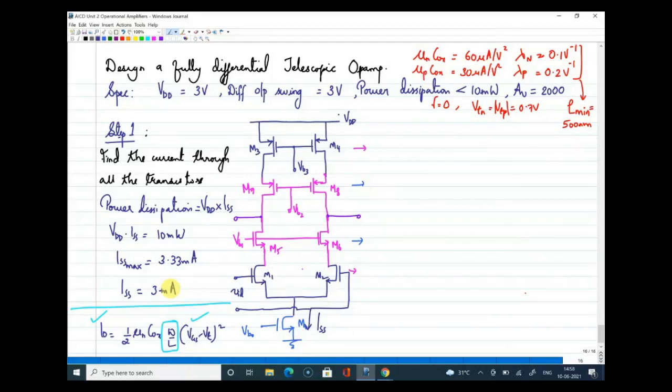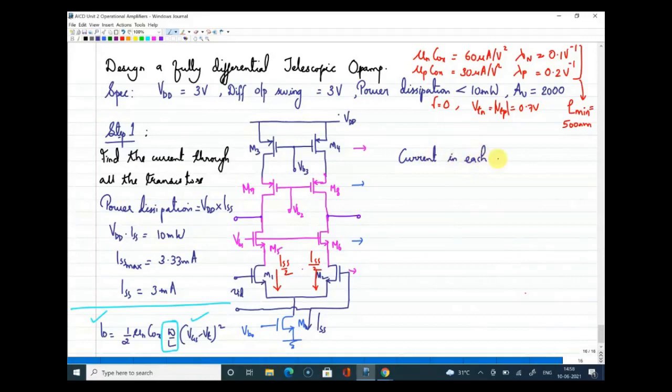Now, if the total current is 3 milliamps, if ISS is 3 milliamps, I can say that there are two branches here, two cascode branches. Each will be carrying a current of ISS by 2, and what I'm writing as current here is nothing but the DC current. All right.